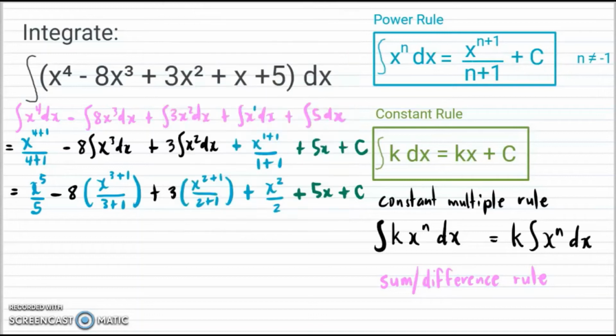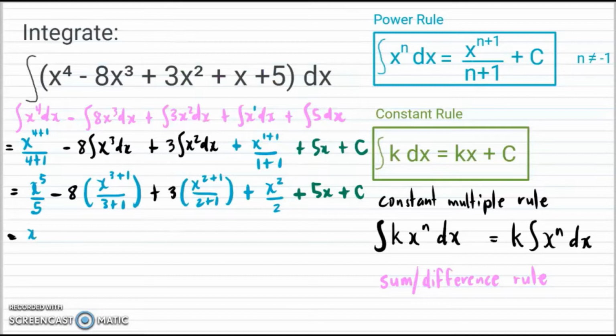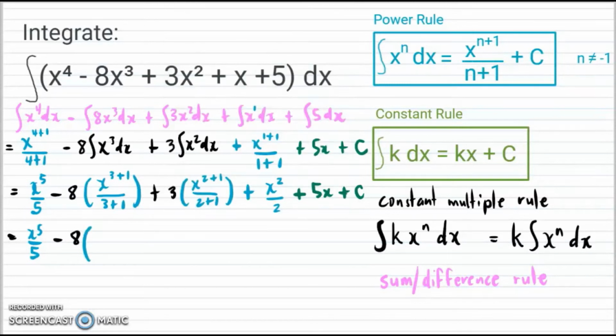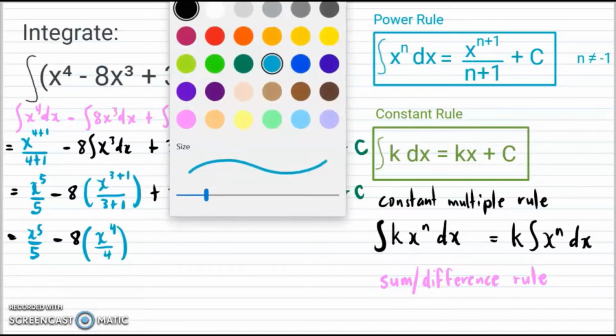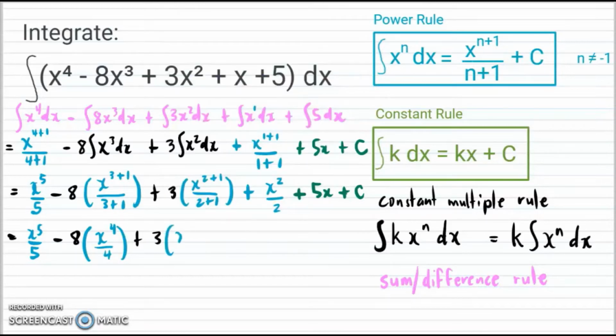And then simplifying further, we have x raised to 5 over 5 minus 8. And then for this one, we have x raised to 4 over 4. And then our plus 3, and then this will be x cubed over 3 plus x squared over 2, and again plus 5x plus c.